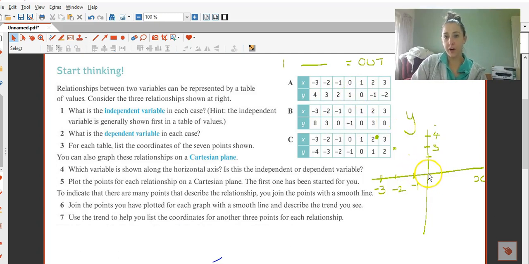Now, where x is 0, my y is 1. So that means that it crosses the y-axis at 1. So 1. Where my x is 1 now, my y is 0, so it crosses my x-axis at 1.